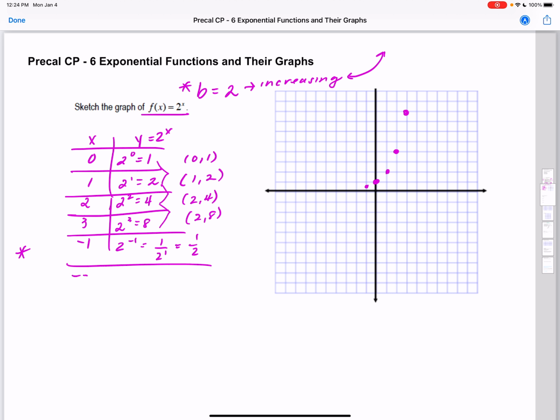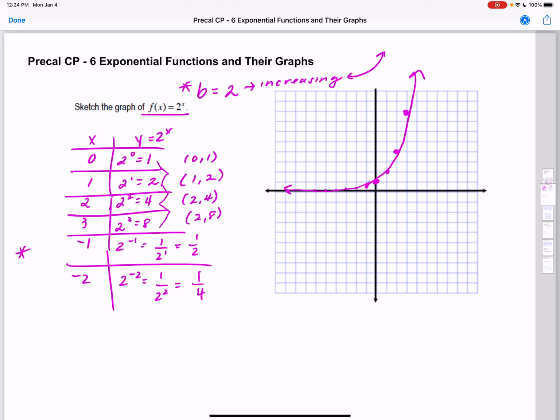And then -2 has a value of 1 over 2 to the second, which is 1/4. So we're getting smaller, and then you have an eighth, and then it's just going to keep getting smaller and smaller. But again, this is the asymptote, so it's never going to cross the x-axis. It's just going to get as close to it as it can.